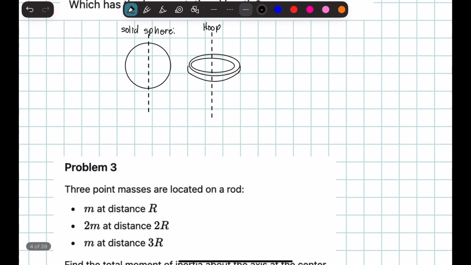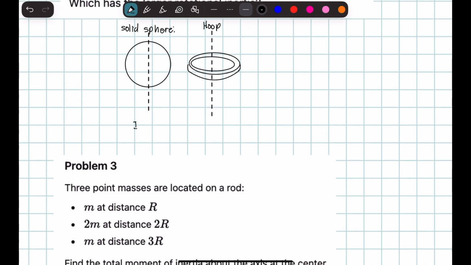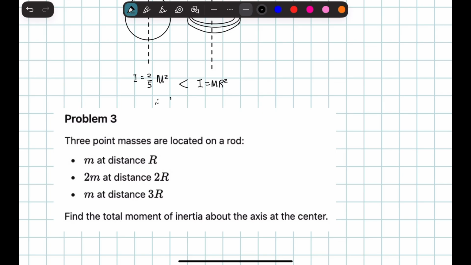Around the center axis, the solid sphere is going to be I equal to 2/5 mr squared. And then the hoop is going to be I equal to mr squared. And now we compare. We know that this is greater. So therefore, the hoop has greater rotational inertia, because this is r squared multiplied by 2/5, so the sphere is 2/5 of this.